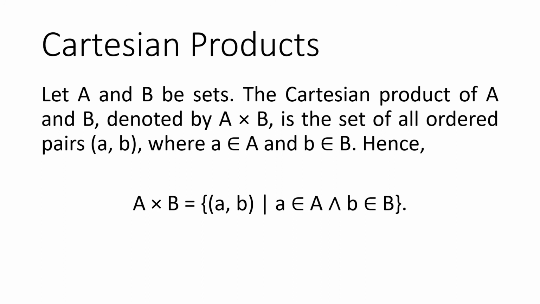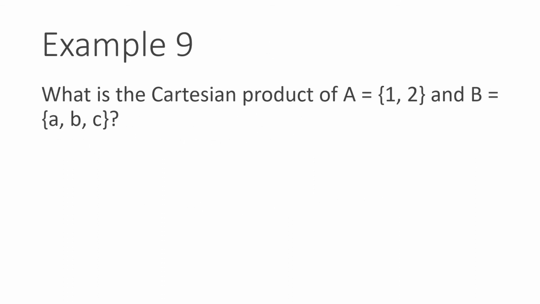So let's have this example. What is the Cartesian product of A and B, where set A has the elements 1, 2, and set B has the elements a, b, and c?